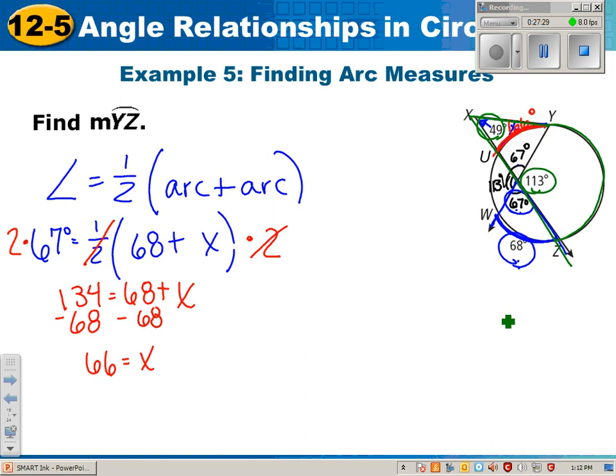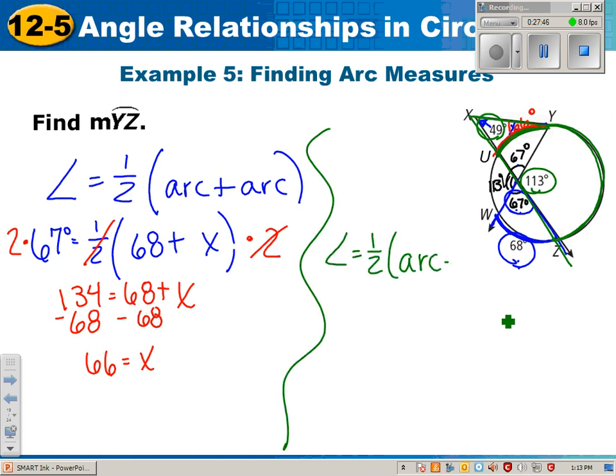Is everybody with me there? It's outside. This arc is the big arc. This arc is the little arc. And now that I know the little arc, I should be able to find the big arc. So let's write our equation.